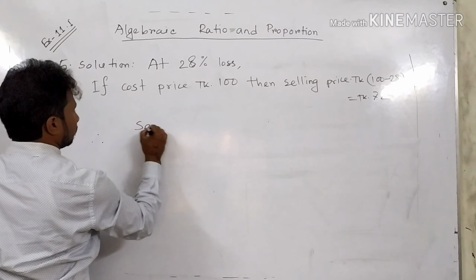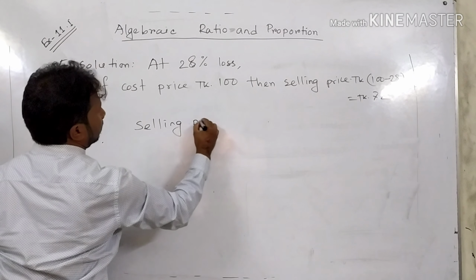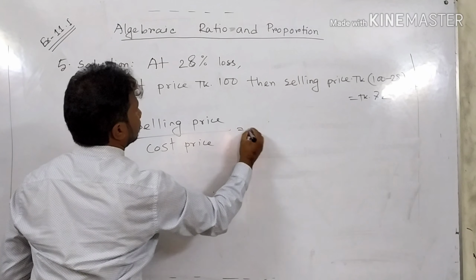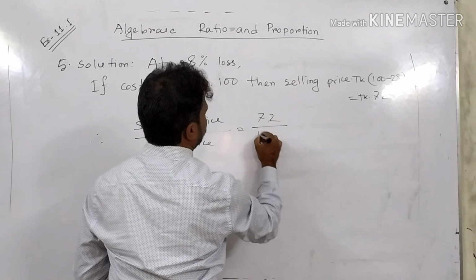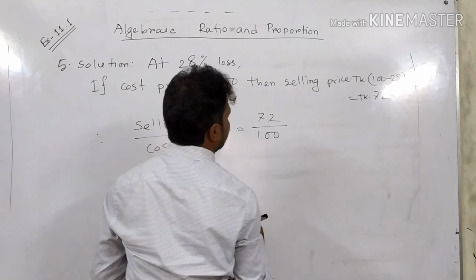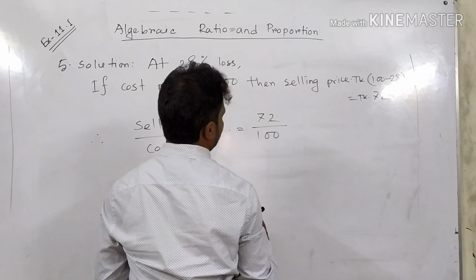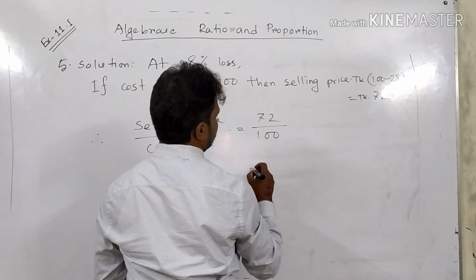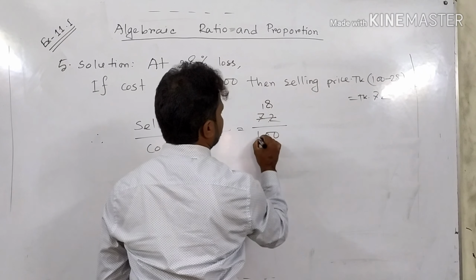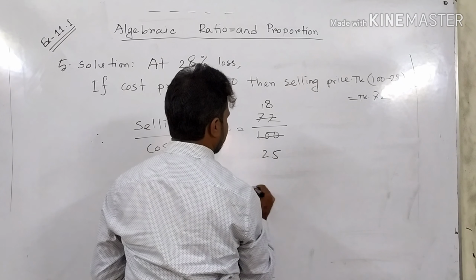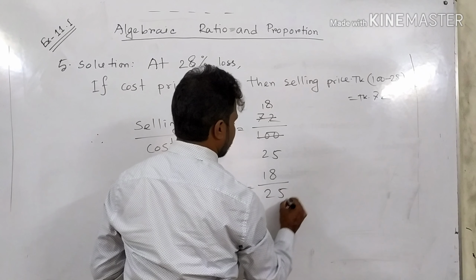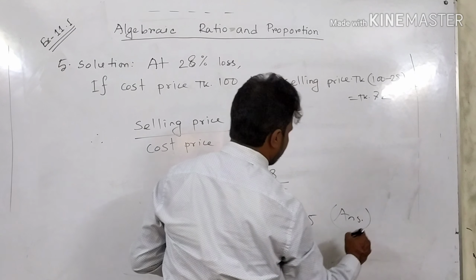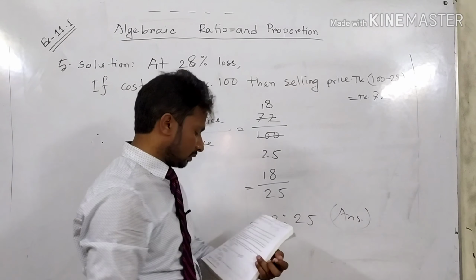Therefore, selling price divided by cost price equals 72 by 100. 4 goes 18 times, 4 goes 25 times, equal to 18 by 25, equal to 18 is to 25. This is the answer. That means selling price is to cost price.